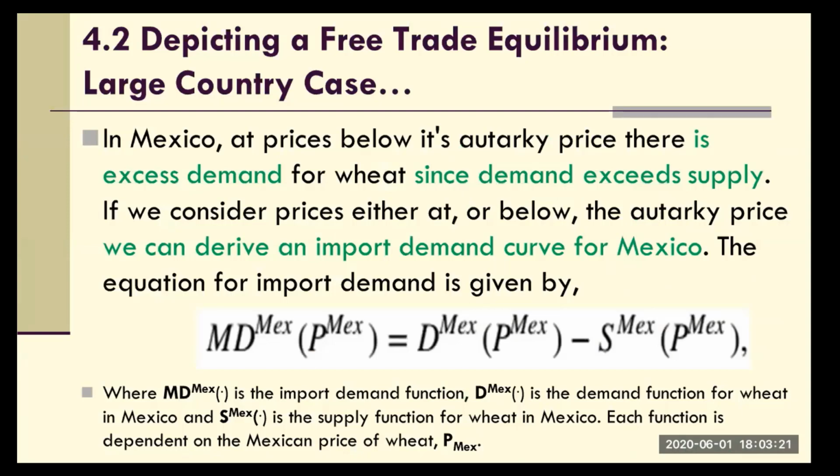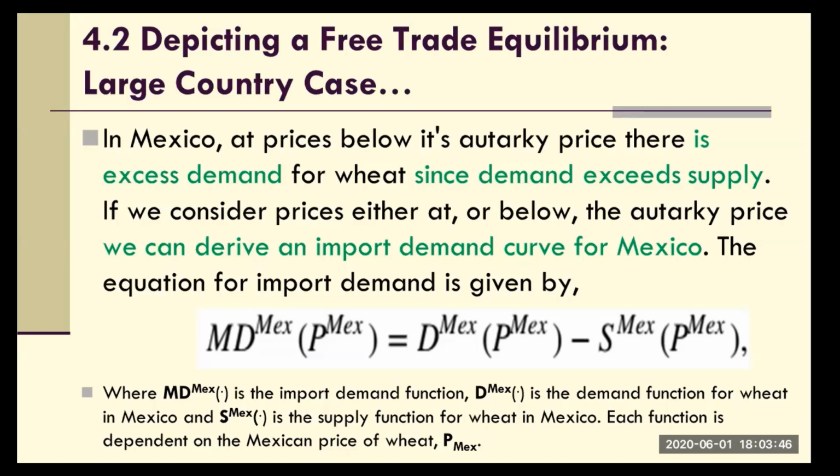In Mexico, at a price below its autarky price, there is excess demand for wheat since demand exceeds supply. If we consider prices at or below the autarky price, we can derive an import demand curve for Mexico.